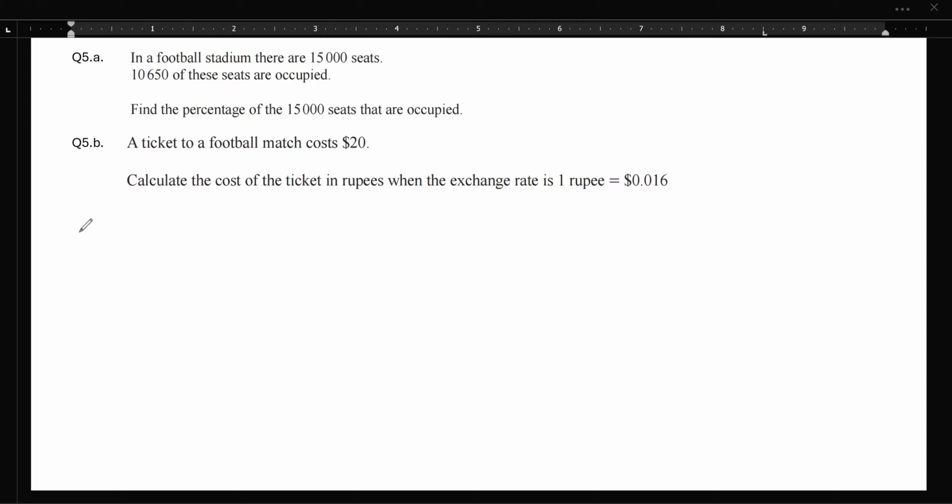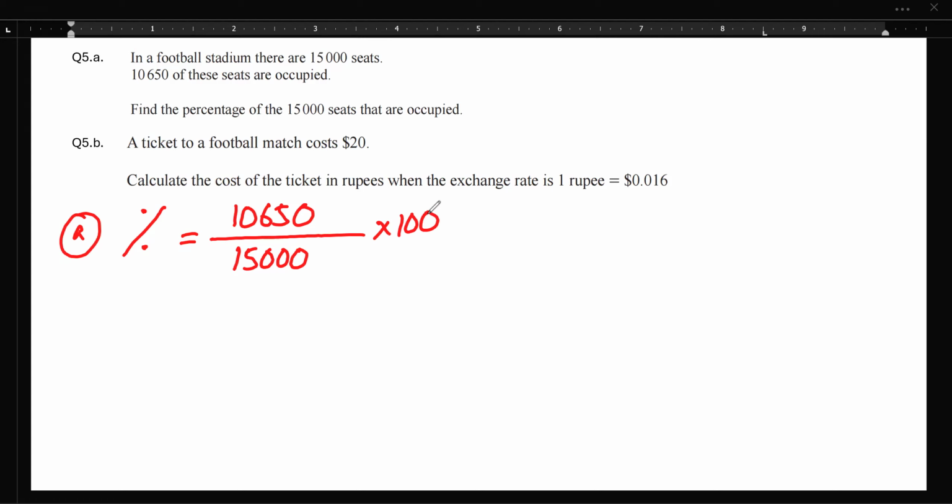So we're looking for part A, the percentage. How many seats are occupied? 10650. These are the seats that were occupied in the football stadium. Altogether, we have 15,000 seats. Since I'm looking for the percentage, I multiply by 100. Let's calculate.